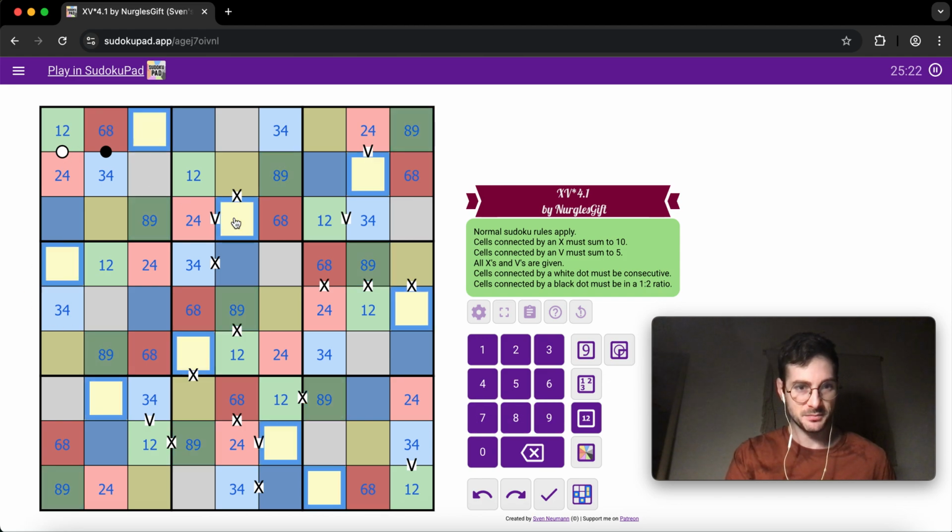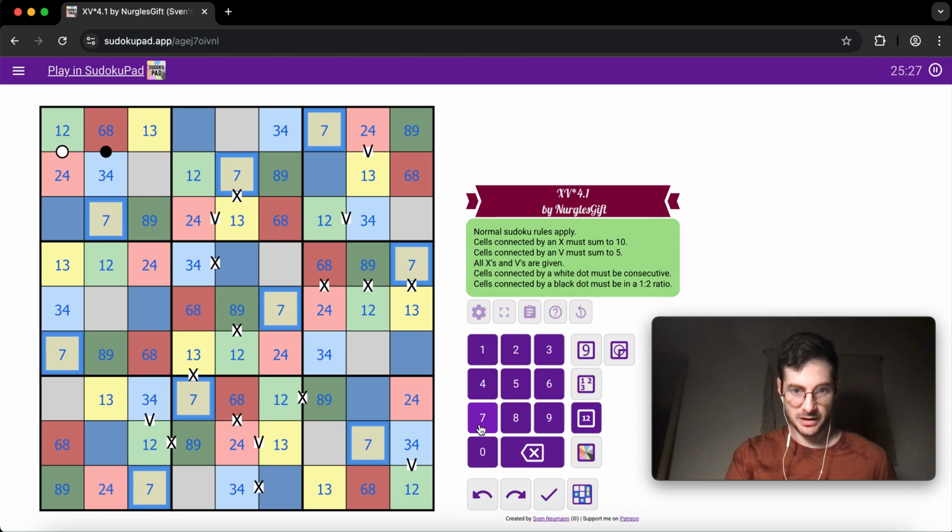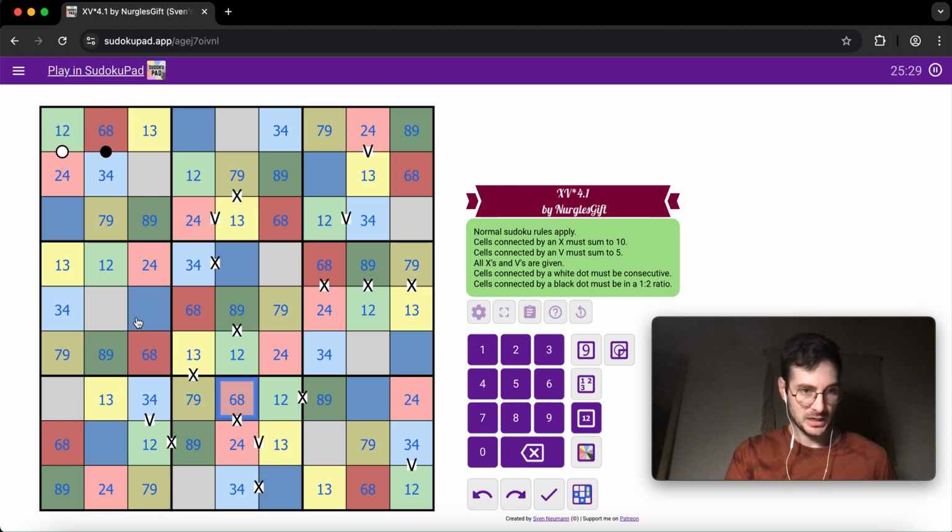And our light red must be a 1 or a 3, and our dark yellow must be either a 7 or a 9. Now, the only combination that satisfies the white dot constraint, which is that these two values need to be adjacent, they need to be consecutive, would be if this is 1 and this is 2.